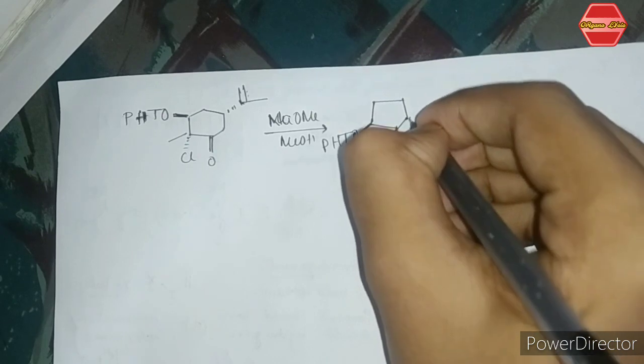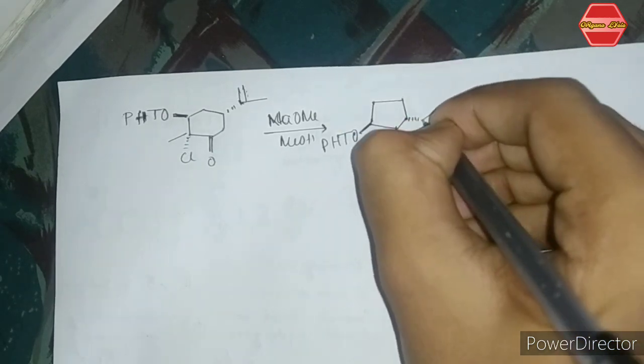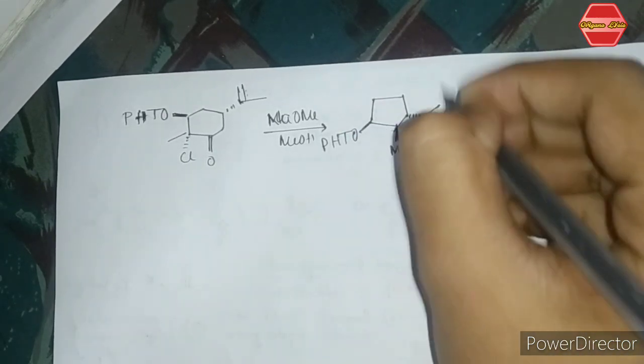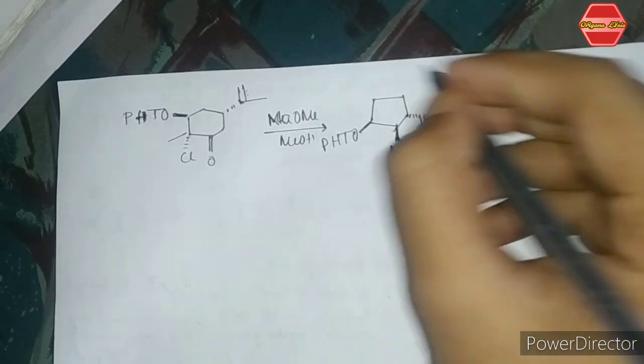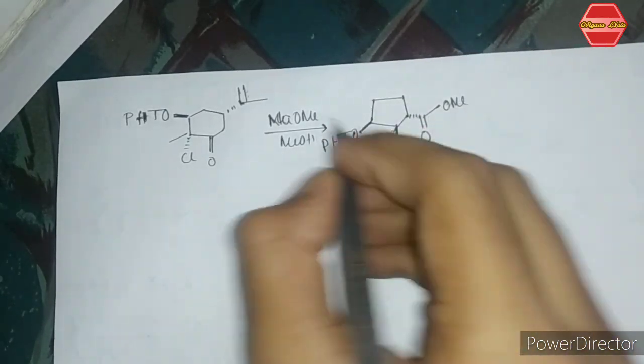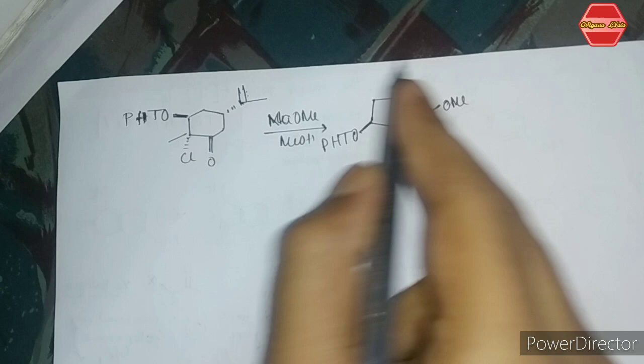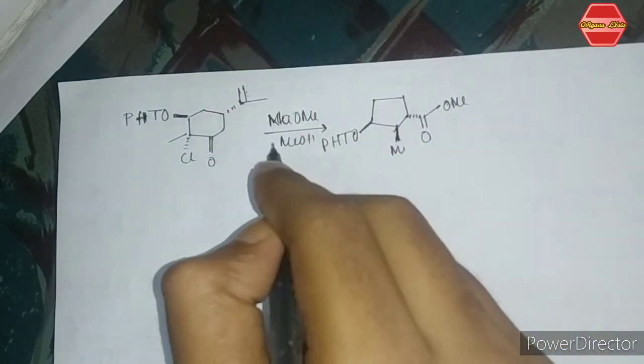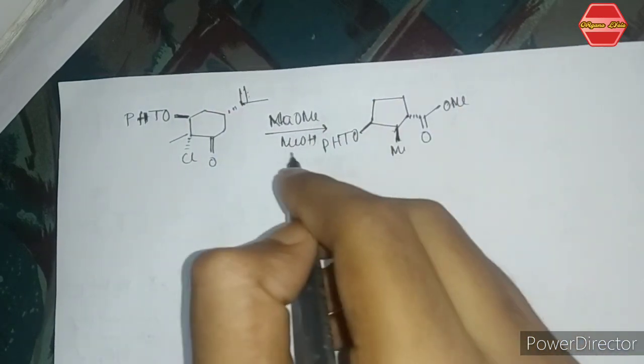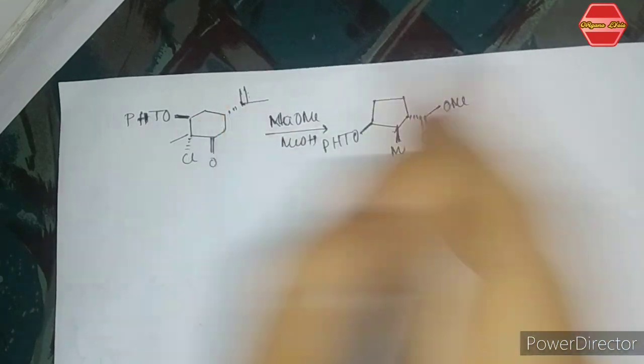Now see this group. We already saw the previous mechanism, the formation of this group. In the previous question, water acts as a nucleophile, but here there is no water, there is methanol, and OMe acts as a nucleophile.